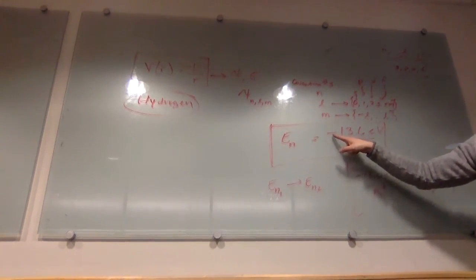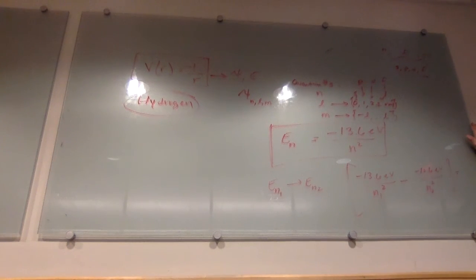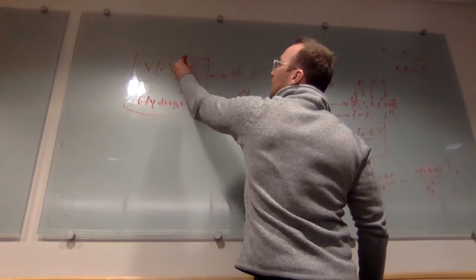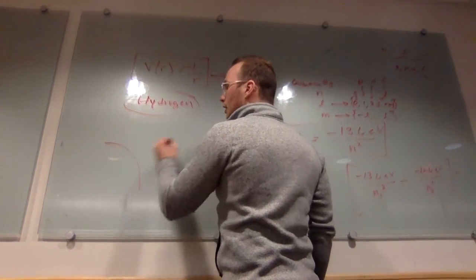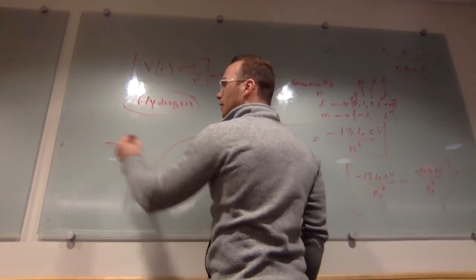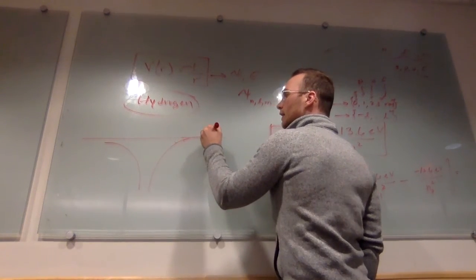Now, there's one subtlety, which is that it's a negative number. In all the other cases, we had positive numbers. The reason is that they define the potential as negative, so the potential looks like this, and the line where it goes to infinity is equal to 0.